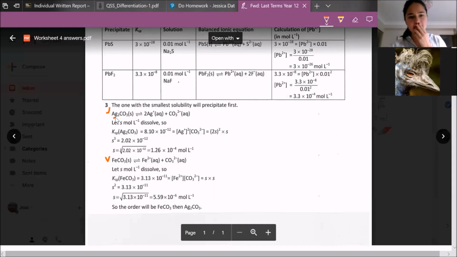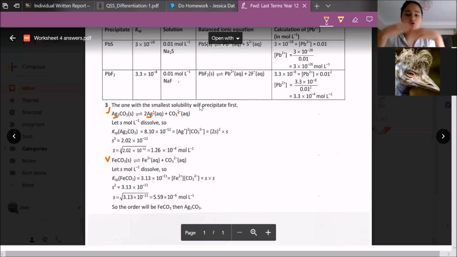So it's pretty much balancing the equation. Remember, Ag's charge is 1 plus, and then the carbonate's charge is 2 minus. Perfect. So first thing we've done is we've worked out our equation.